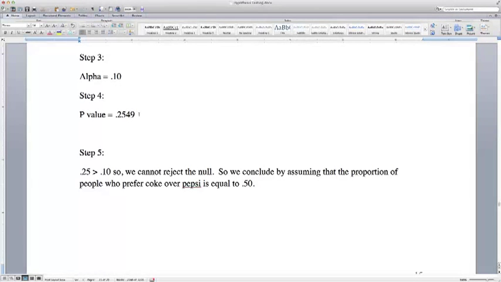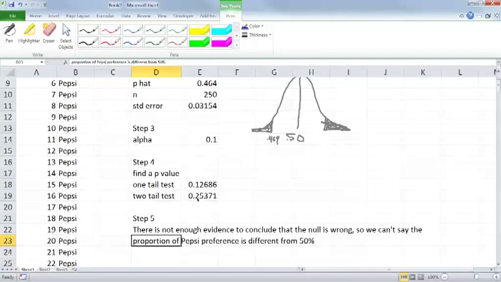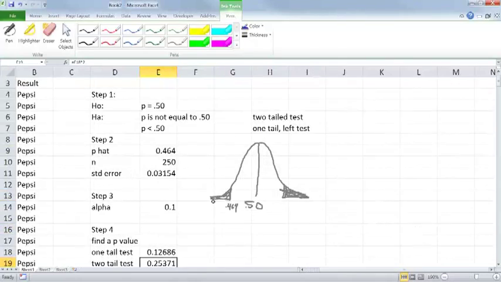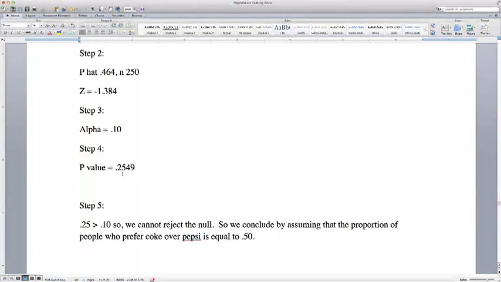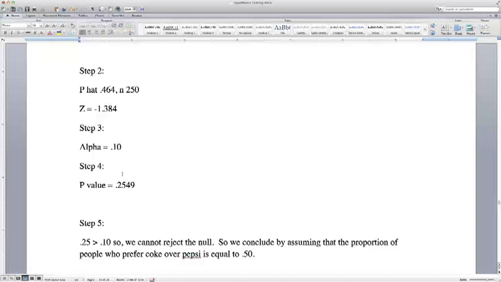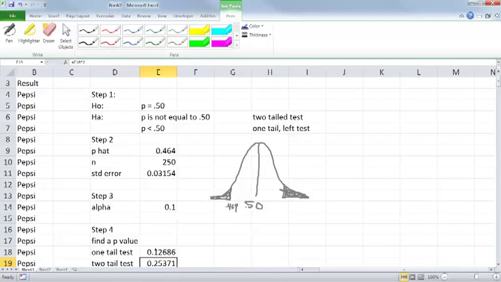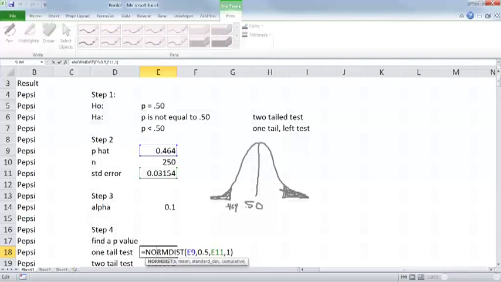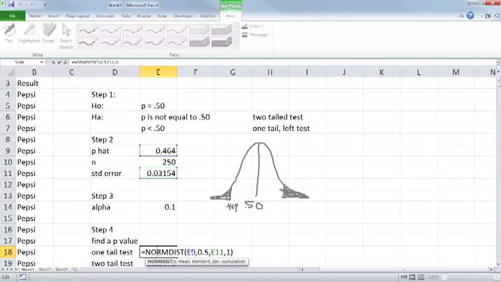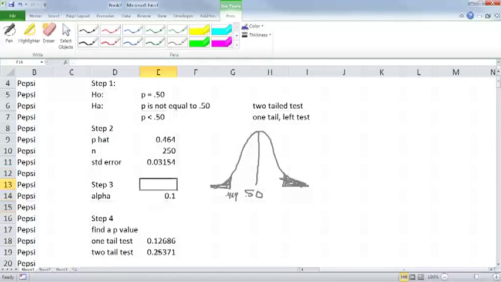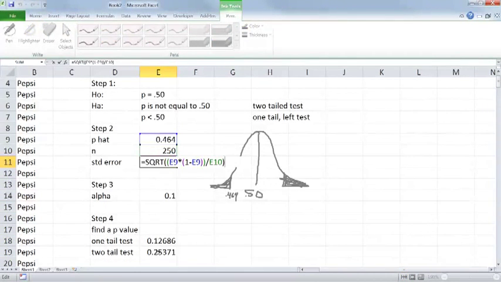Yep, p-value 0.2549. Is that what we got? 0.25471. Oh, I wonder what we did. Just want to make sure I got this right, because it's not quite the same as the notes.